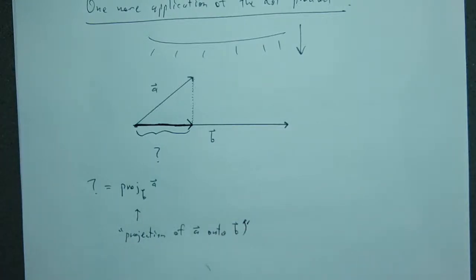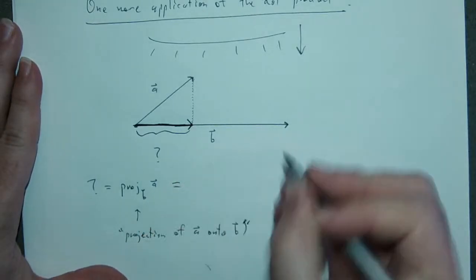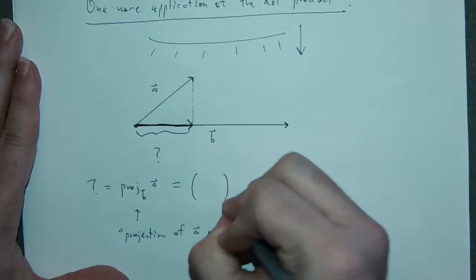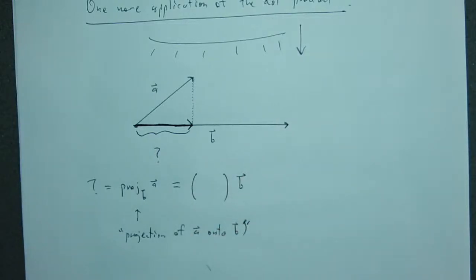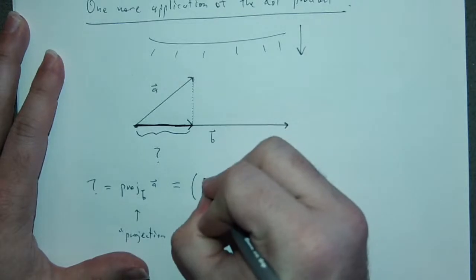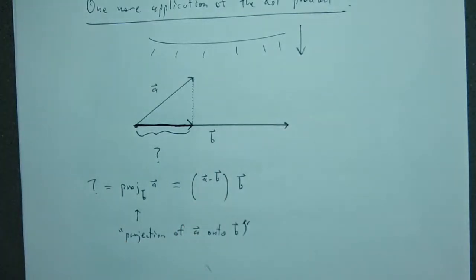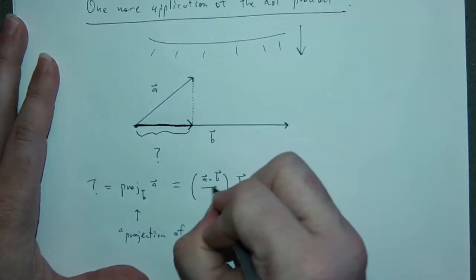All right, so what is this? Well, we know automatically that it is some scalar multiple times B, right? But what is that scalar? Well, it is A dot B over the length of B squared.